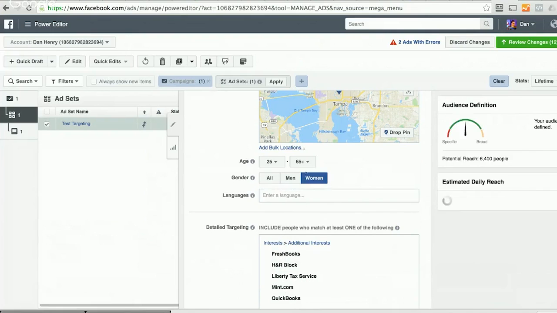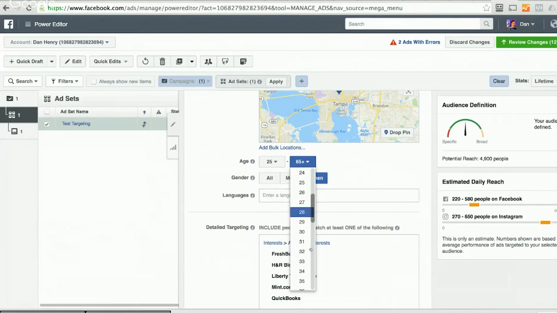So we'll go with 25 to 40. No, we'll do 55. No, we'll do 60. See, 47. Okay, so if I wanted to cut that in half, where would we be?